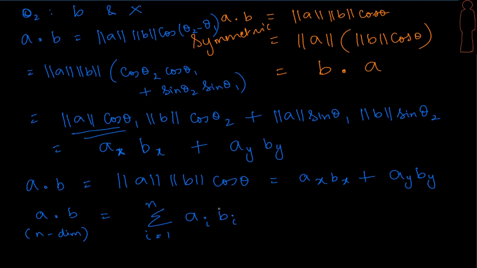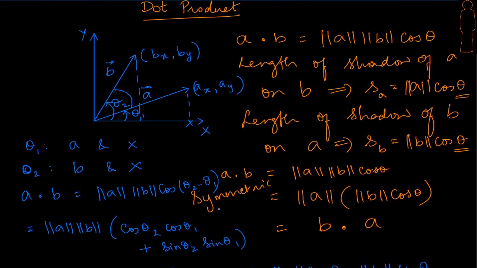Okay, a few more properties we'll look at. Now let's take a look at this diagram. Let's ask what is the length of the shadow of this vector y on x. Assume that I have a light source at this point, and let's say that we cast the shadow of the y vector on x.